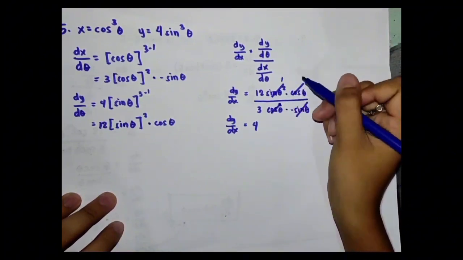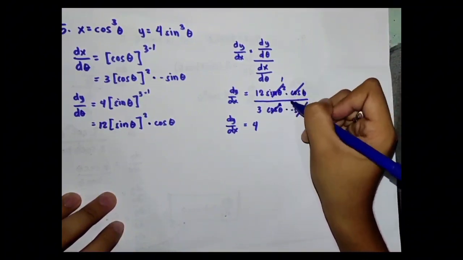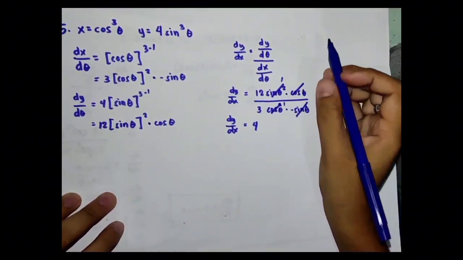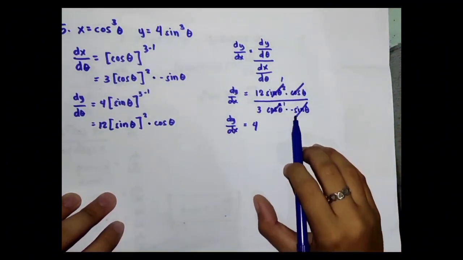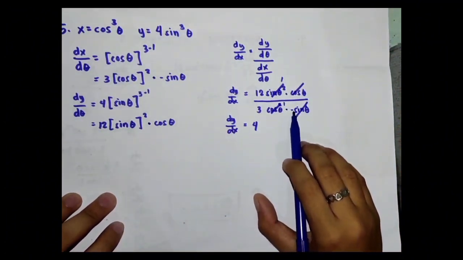Then copy 4 sine theta over cos theta. Then copy the negative sign.